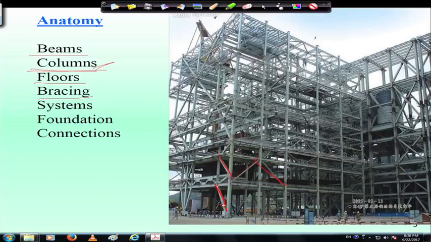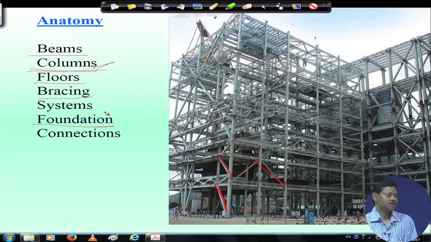Now, all the superstructure load goes to the foundation, so we need to know foundation design also. In the foundation we will see the slab base, gusset base, and base plate, and how the load from the superstructure is transferred to the substructure by the use of base plates and other members.